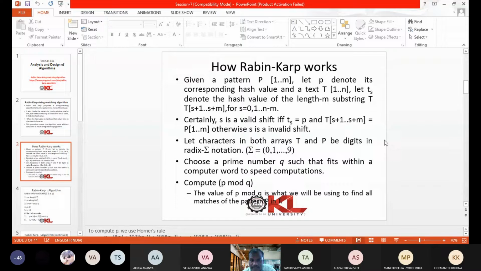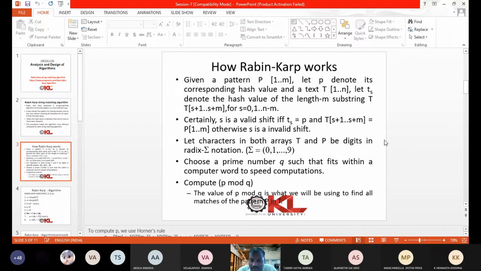Let T of s denote the hash value of the string T of s plus 1 to s plus m, for s equal to 0 to n minus m. So here also the number of iterations made is 0 to n minus m, but the shift size is actually the length of the pattern.